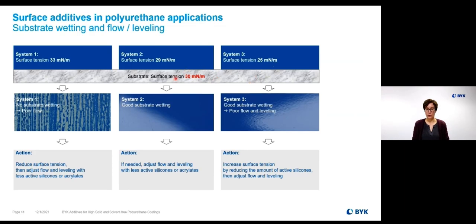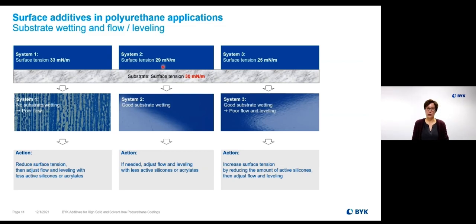Remember, the substrate has 30 millinewton per meter. We have a very good substrate wetting, but a poor flow and leveling. That means in that case it was too much. We have to increase the surface tension by reducing the amount of active silicones, and then we have to adjust the flow and leveling.